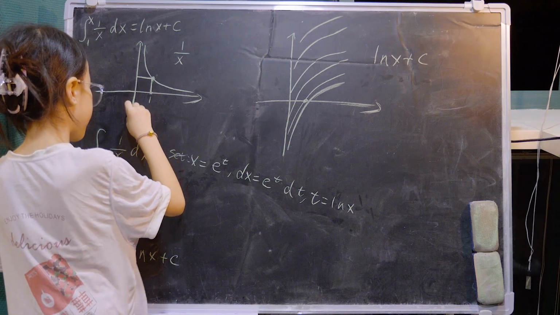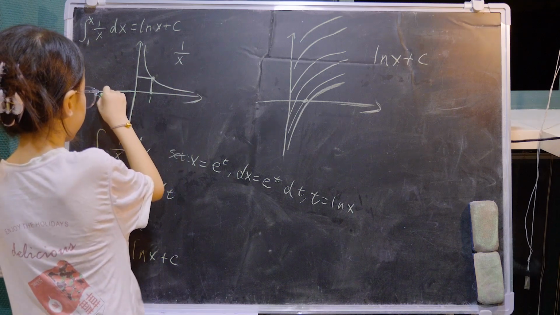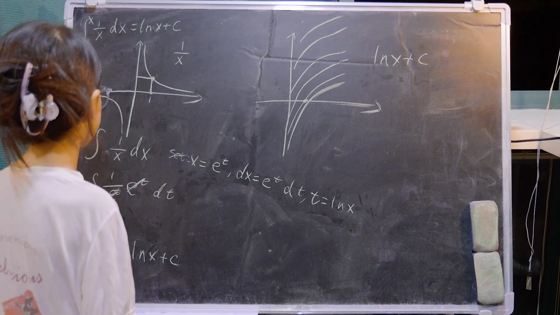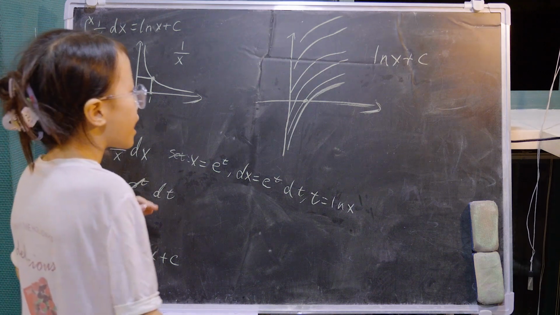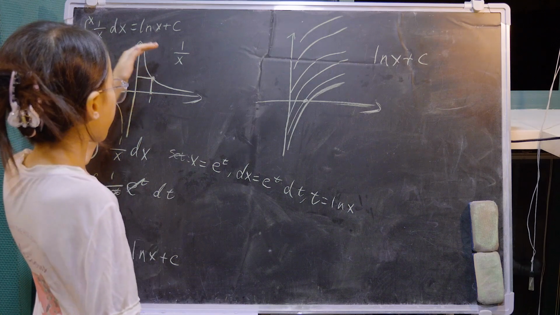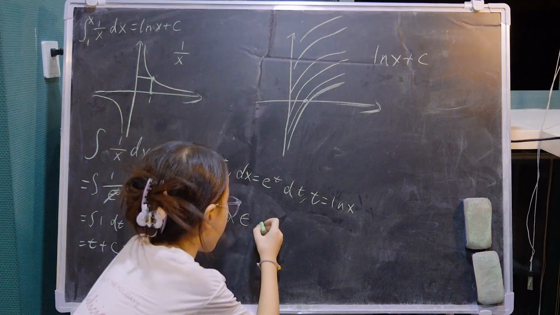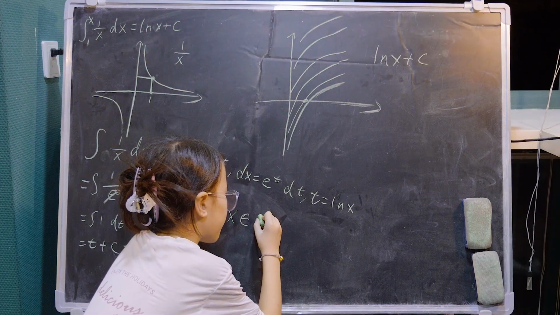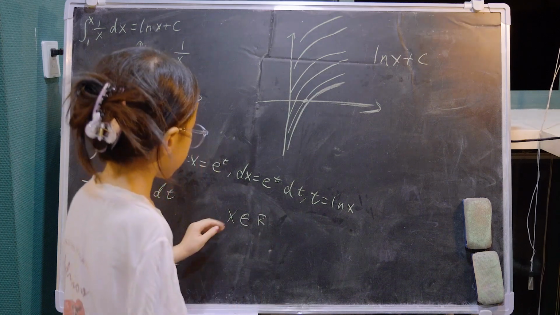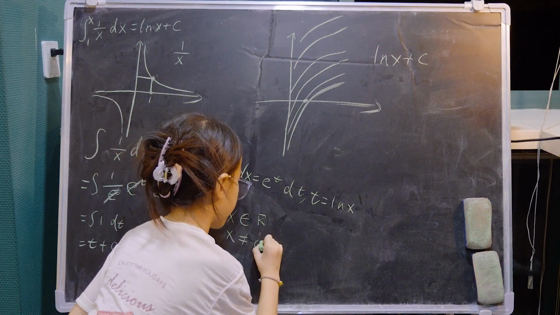First, let me draw the 1 over x function. It looks like this. The domain of the 1 over x function is x a member of the real numbers, and x is not equal to 0.